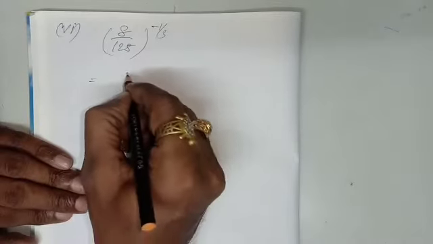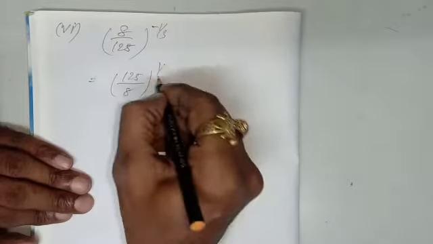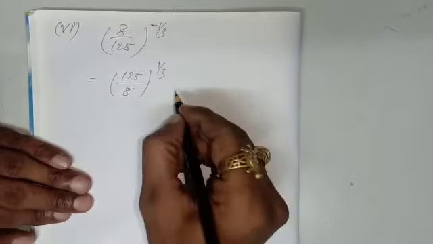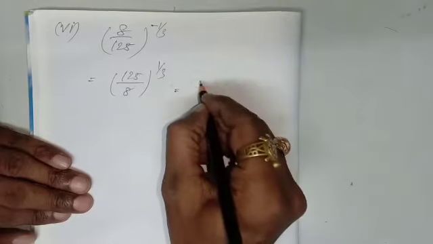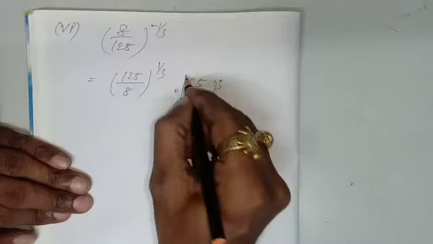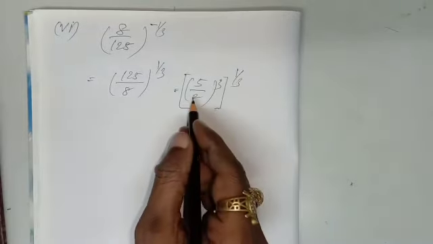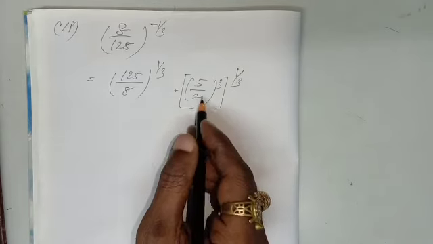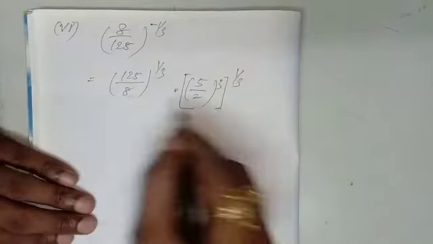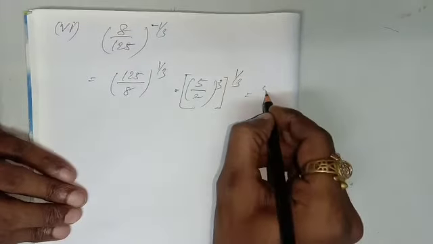This will be 125 by 8 whole to the power 1 by 3, by reversing the fraction, then the power will be positive. 125 means 5 cube, so I can write 5 by 2 whole cube, and the total to the power 1 by 3. 5 multiplied 3 times gives 125, and 2 multiplied 3 times gives 8. Now this 3 and 1 by 3 cancel out. What is left? The final answer is 5 by 2.